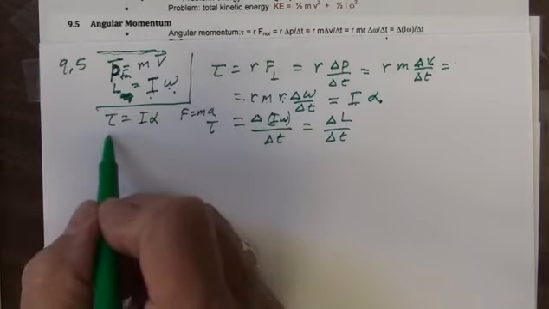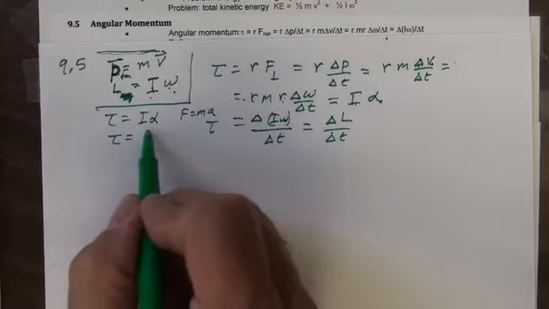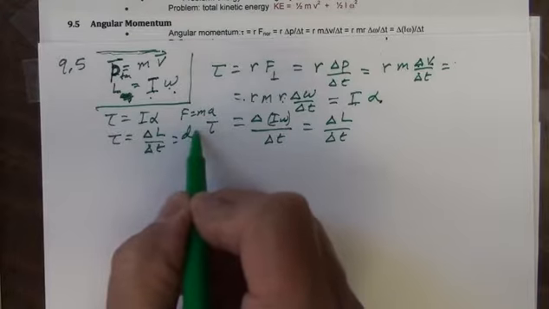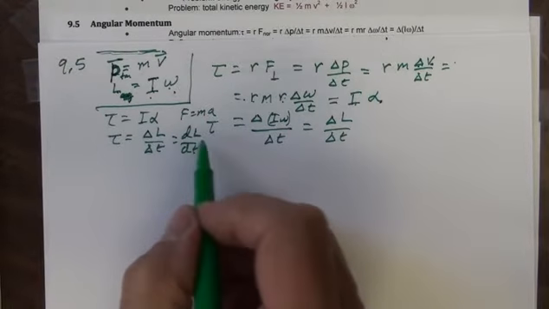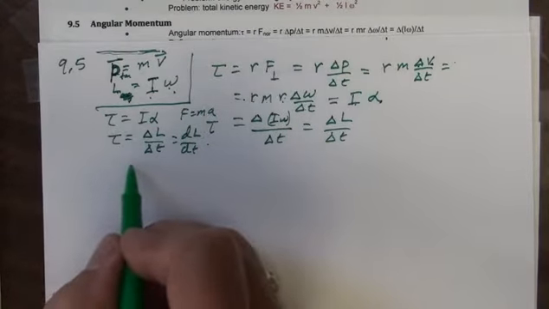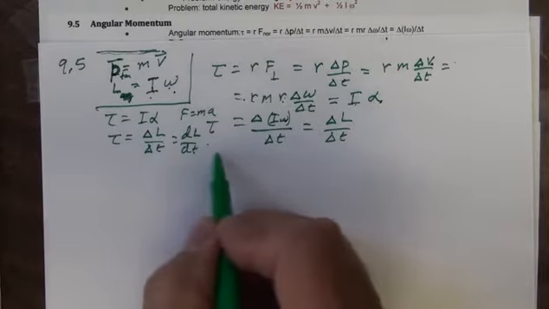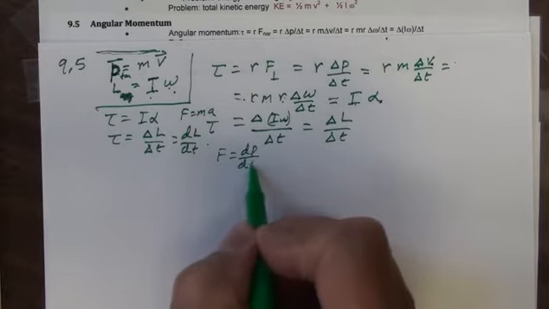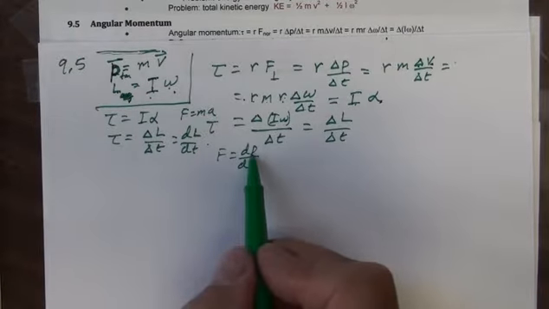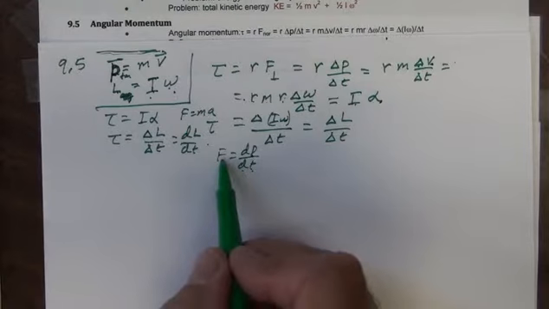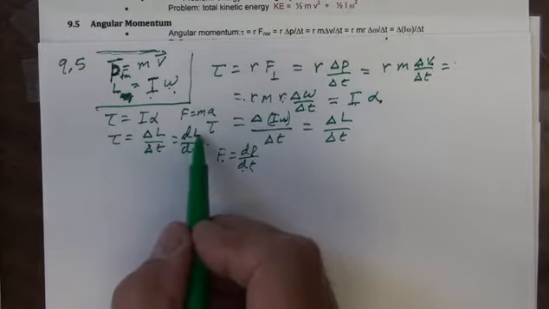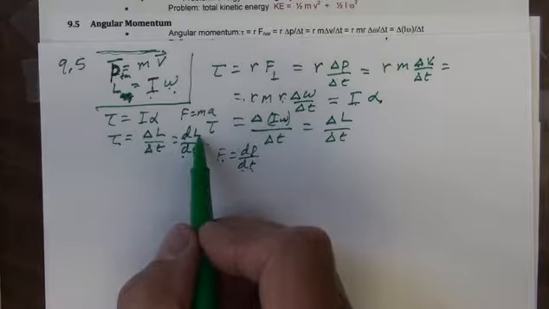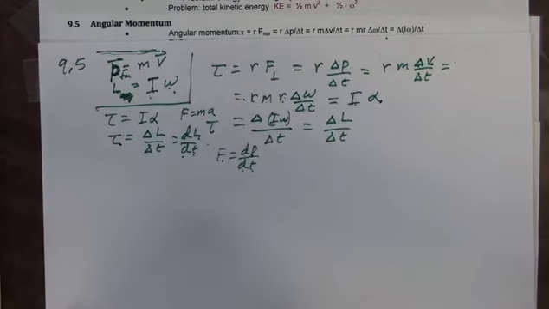And here the second one, we see that torque is equal to change in L over change in time, or better yet, dL dt. That's comparable to the equation that we've previously had, where F is equal to dp dt. Again, the change in something over the change in time is equal to this force. Here the change in something over the change in time is equal to the comparable force. That means this is angular momentum like this is angular force.